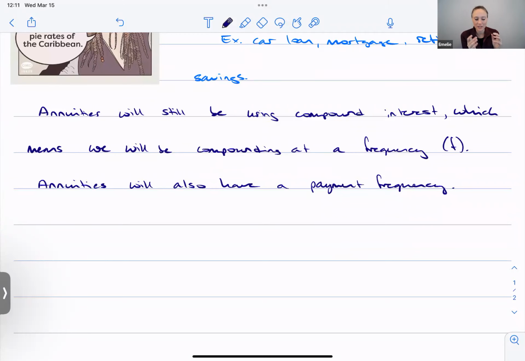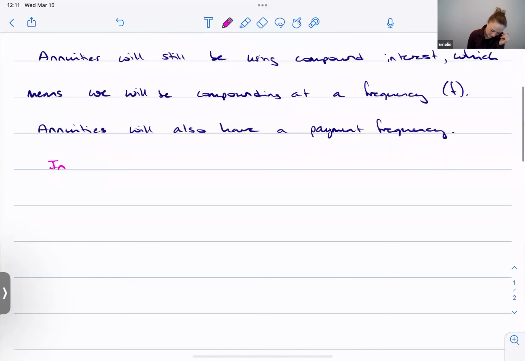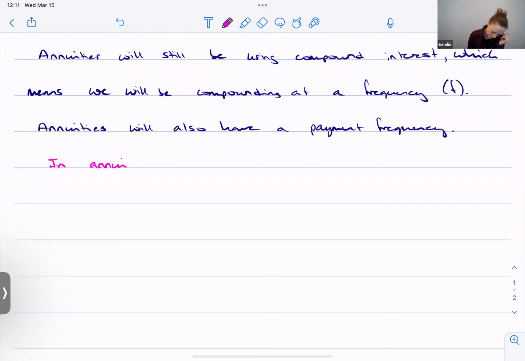And if we look at our formulas, I'm not going to bring it up now because it's jumping ahead too much, but there's only one N. So in annuities, we let N denote the number of payments.